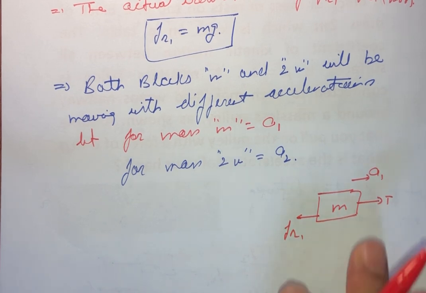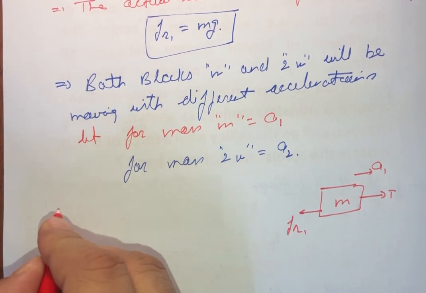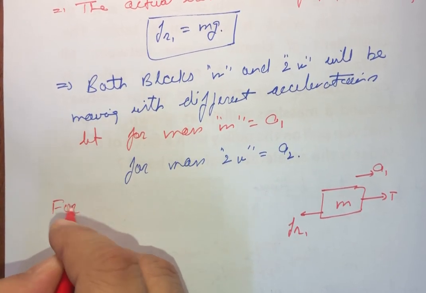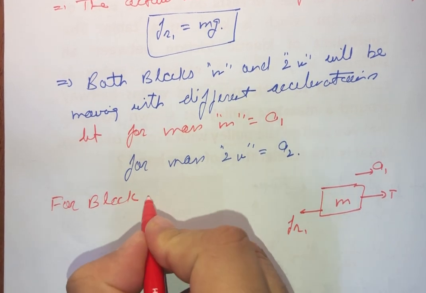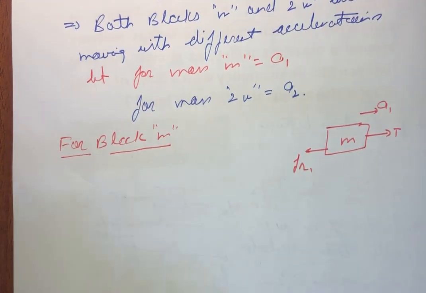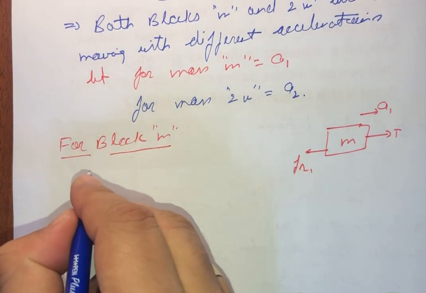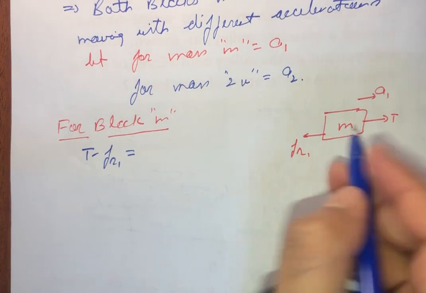So for block M, we can write T minus FR1 is equal to M into A1.